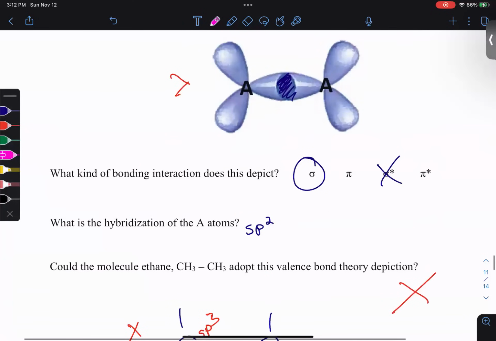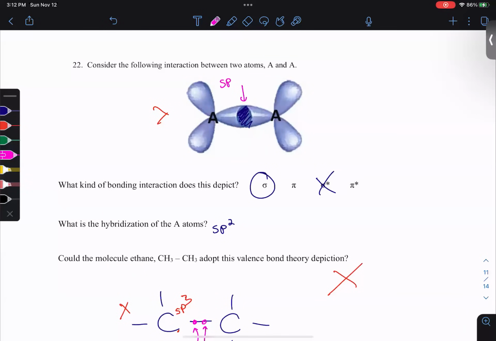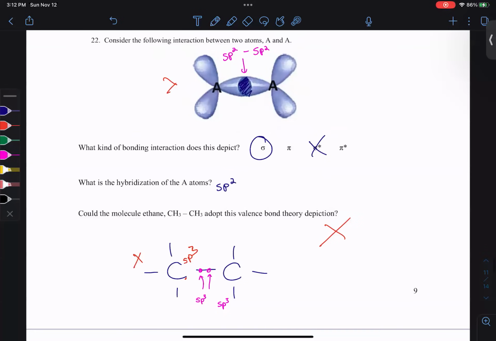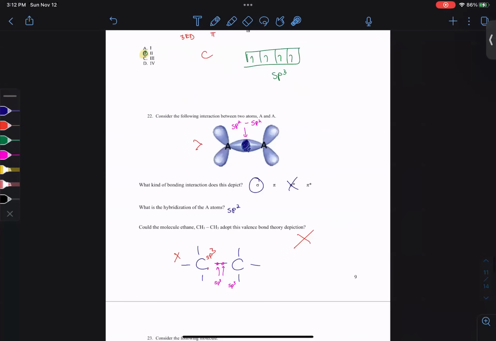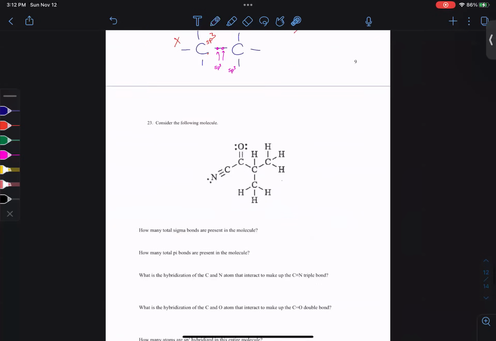But in this picture, that bond is made up of an sp2 hybrid interacting with an sp2 hybrid. But yes, in ethane, it's an sp3 interacting with an sp3, because that's the hybridization of those adjacent carbon atoms. Okay. All right, let's keep going.